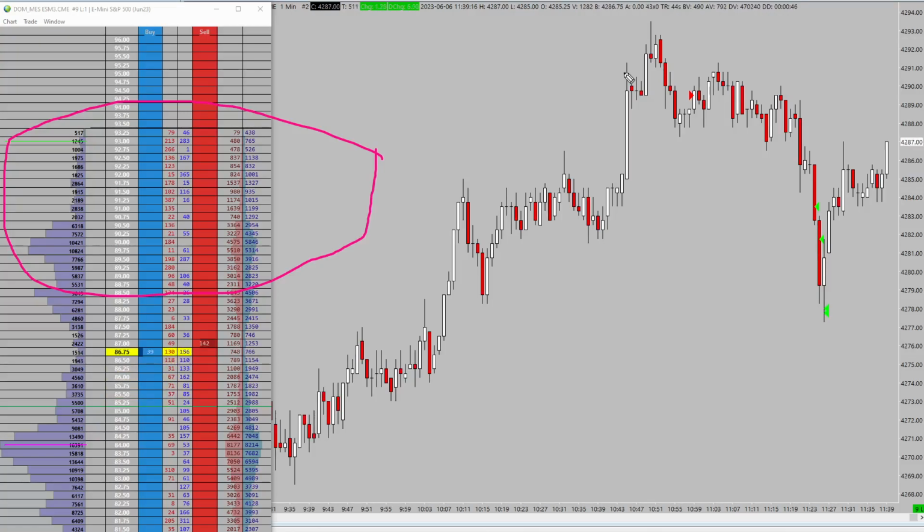Right, so they show their hand, but I stay patient, a little bit of a stop run, come back, and then once we come back into this 89s, 90s, even up to 92s really, where the ceiling was put in, over here we saw a reoffer. Again, that's seen on the DOM, but imagine this.